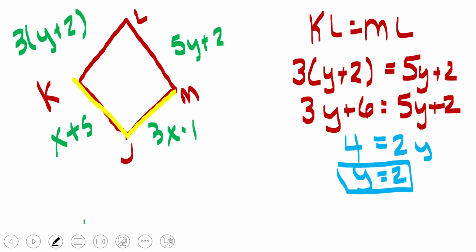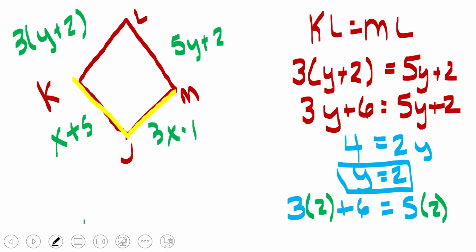We're going to substitute 2 back in for everything. So we have 3 times 2 plus 6 equals 5 times 2 plus 2. What do we get?